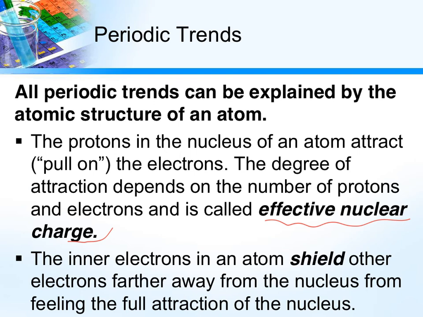Just as important to keep in mind is that the electrons that make up the core, the inner electrons, not the valence electrons in the outermost shell, shield the outer valence electrons from feeling the full attraction of the nucleus. And that ends up being an important feature in explaining also.